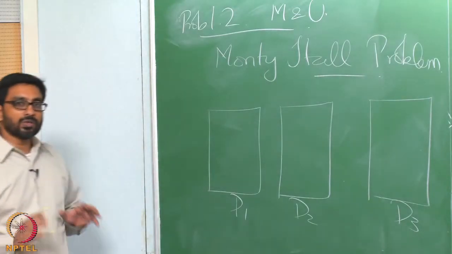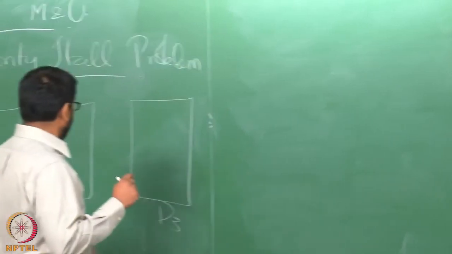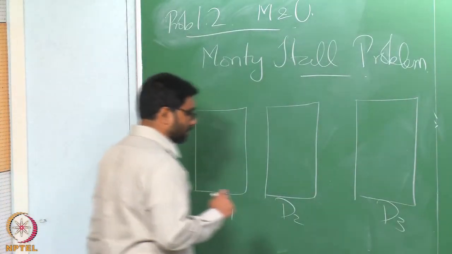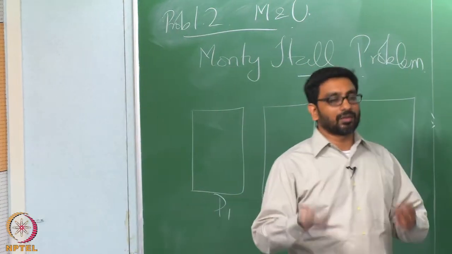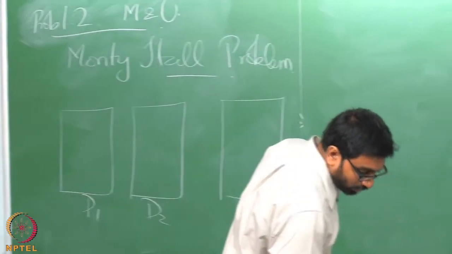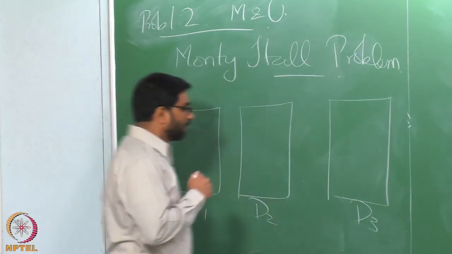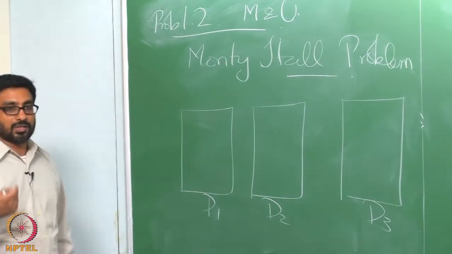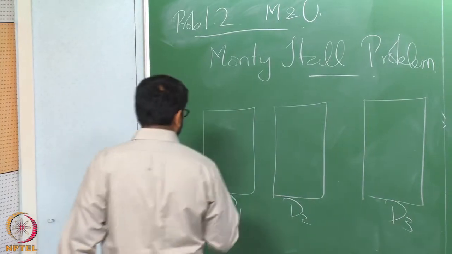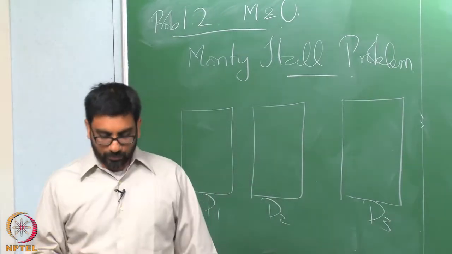Behind one of these doors is a special prize, let us say a car, and behind the other 2 doors there is something a lot less desirable. Let us say, according to the problem given here, behind the other 2 doors are goats. Obviously, you prefer a car, which is a lot more expensive and valuable, and you are allowed to choose a door.